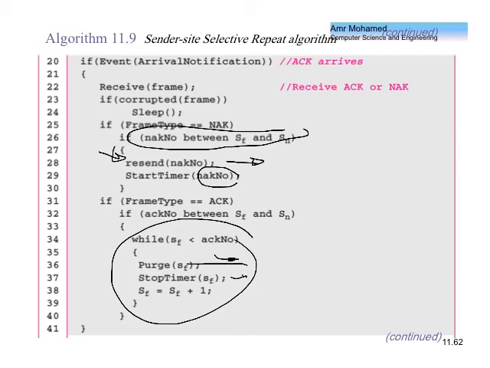Stop the timer is one extra step that did not exist for Go-Back-N. For Go-Back-N, you will find this outside of the loop. Why? Because it's only one timer for the entire window, so I will stop it only once. But here I have to stop every timer for all the acknowledgements that I received successfully, because again, we have one timer for each frame.